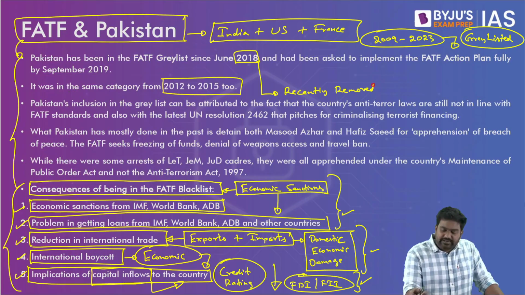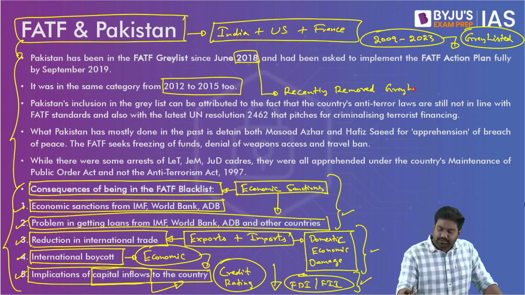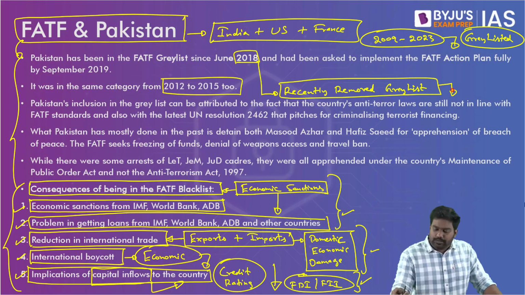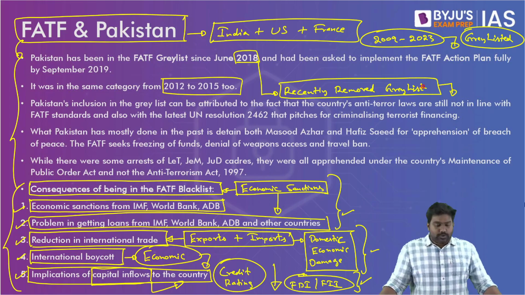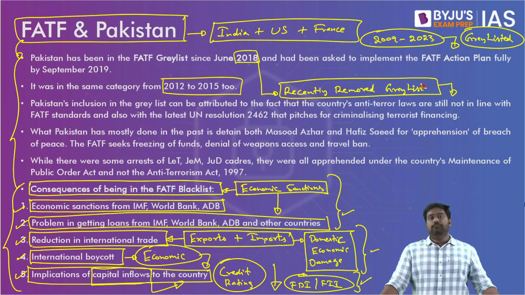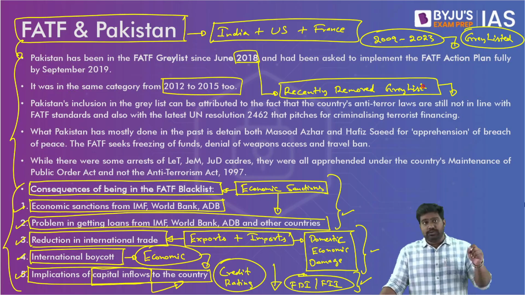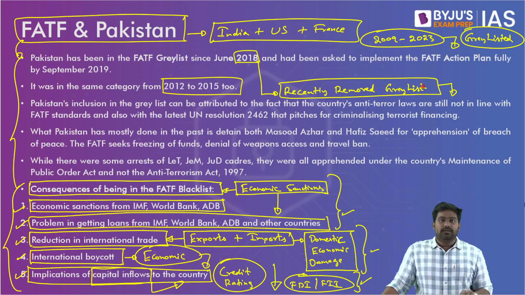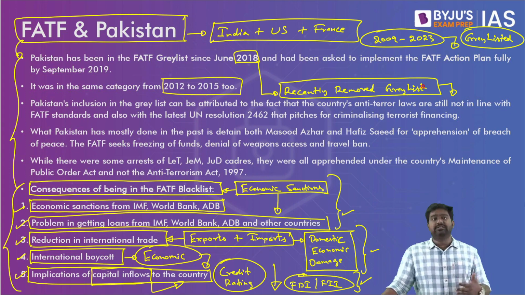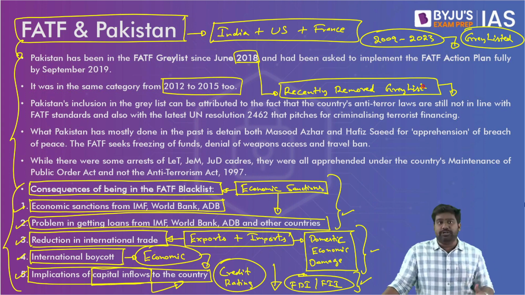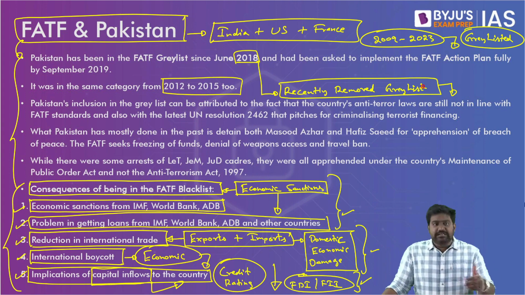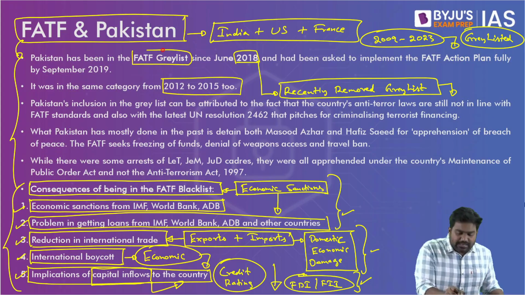It has spent many years on the grey list, and it has had an economic impact on Pakistan's economy. So India has used the FATF platform for coercive diplomacy against Pakistan to bring sanctions against Pakistan. Right? We've targeted the country for financing terrorism, for allowing money laundering and terror financing to continue. By repeated grey listing of Pakistan, there has been an economic impact.